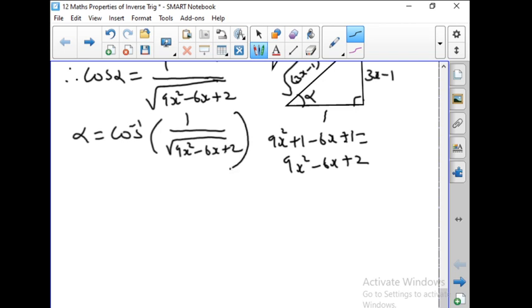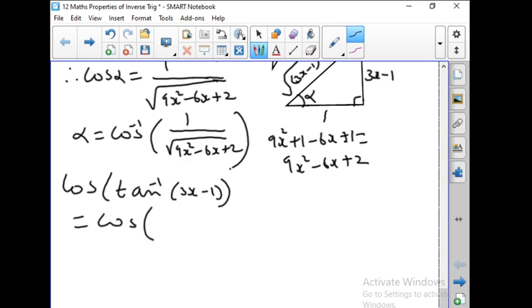Now it is asked to find cos of tan inverse of 3x minus 1. So it is equal to cos of alpha, because alpha we have taken as tan inverse of 3x minus 1.